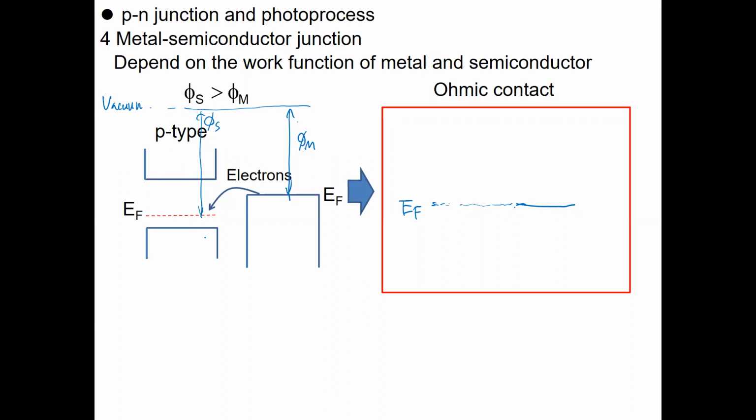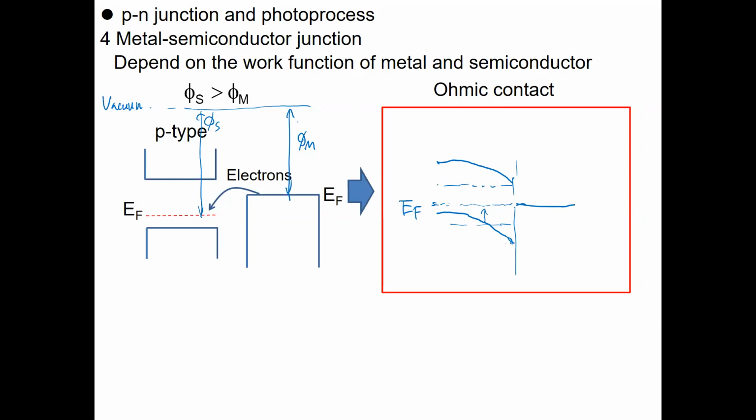So actually the band is gradually changing, and this one was originally here and then it's going up, and this original band also is gradually changing with some dips, with some thickness, and similarly the conduction band is also gradually changing compared with the original band. So this is what happened here.